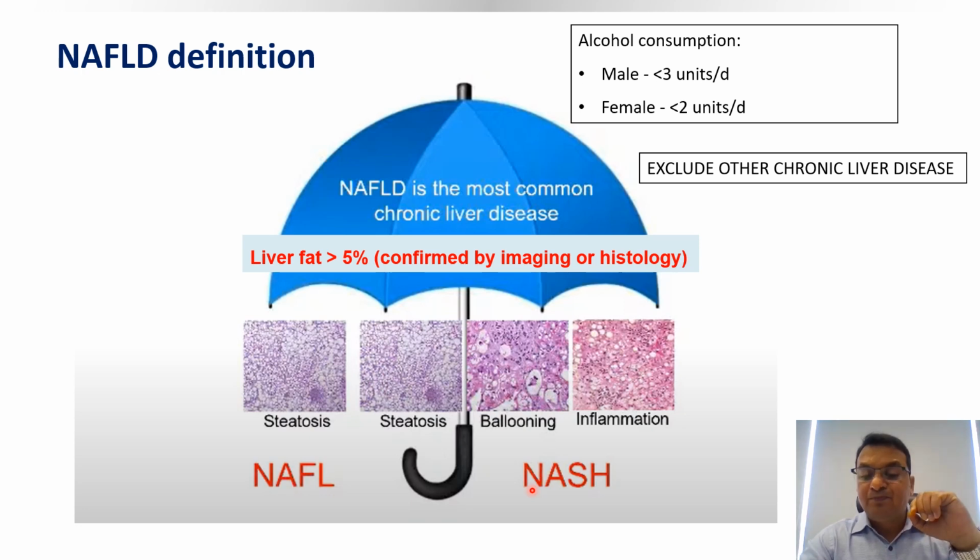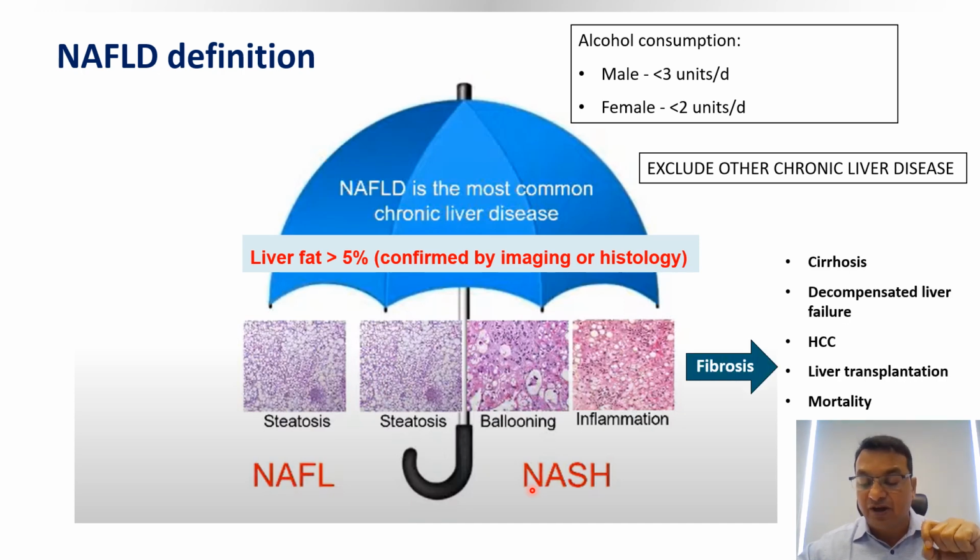Right. So as the disease progresses from simple steatosis to NASH and further progression in the liver cell injury, it stimulates fibrogenesis in the liver, and that leads to fibrosis in the liver tissue.